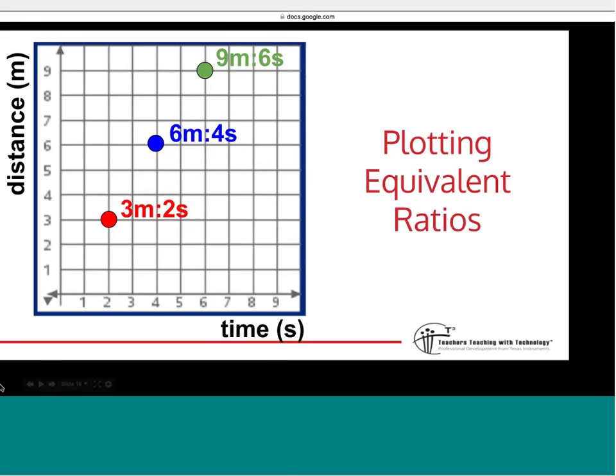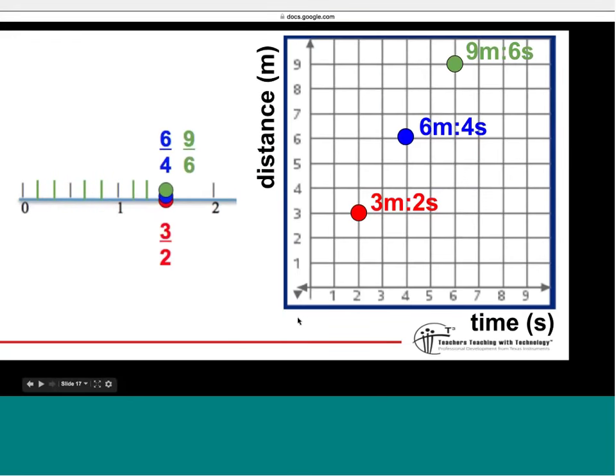Okay, perfect. So the next thing I want us to consider is we looked at plotting equivalent fractions, and now we've looked at plotting equivalent ratios. So we want to look at these side by side because we ended up using a similar setup or numbers here in these two plots.